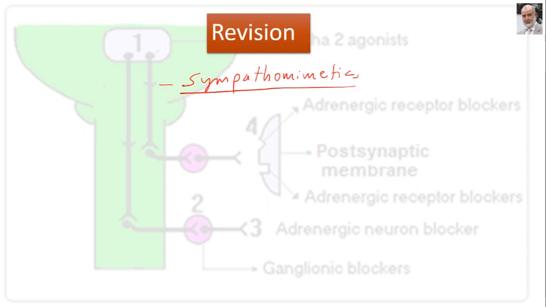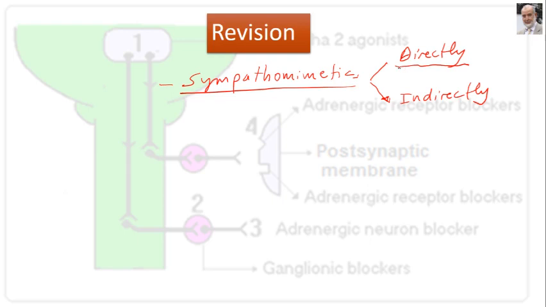We classified them into directly acting sympathomimetics, which act as agonists on the sympathetic nervous system, or indirectly acting sympathomimetics. Directly acting drugs act as agonists on adrenergic receptors, and they differ in their selectivity and their potency at the adrenergic nerve terminal.